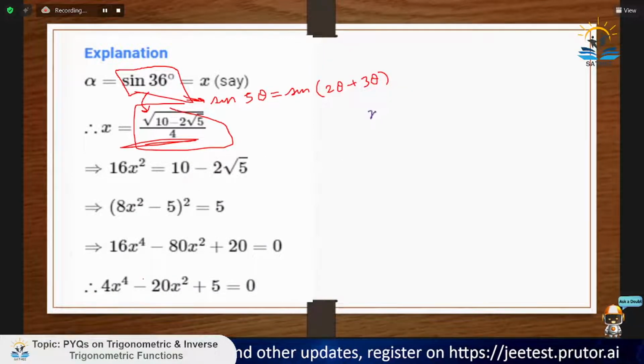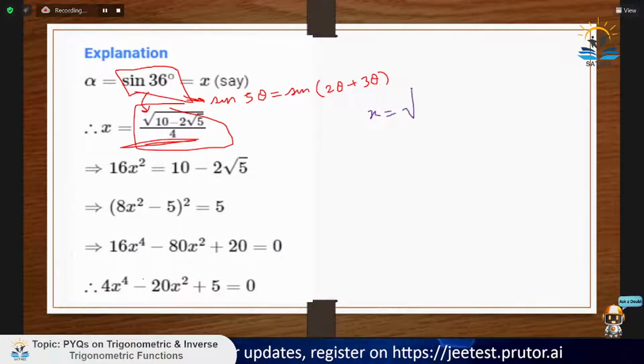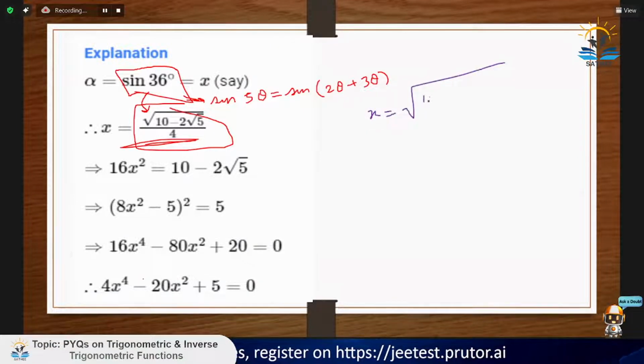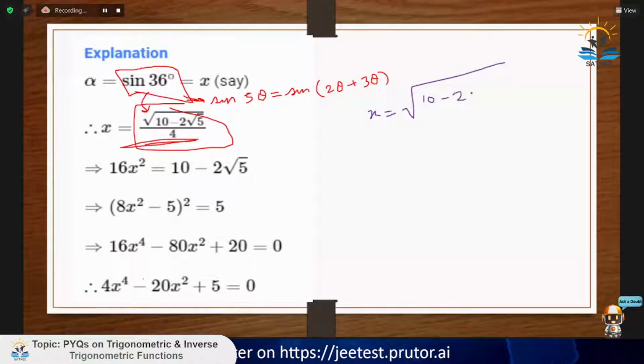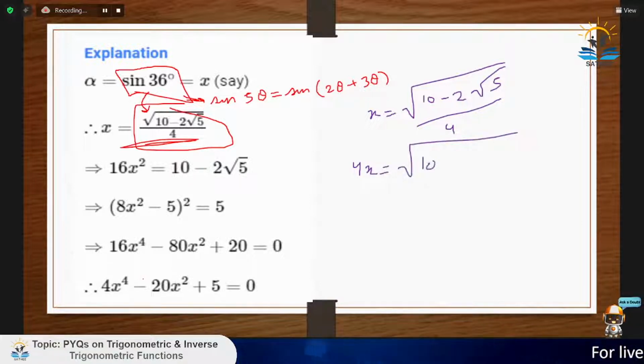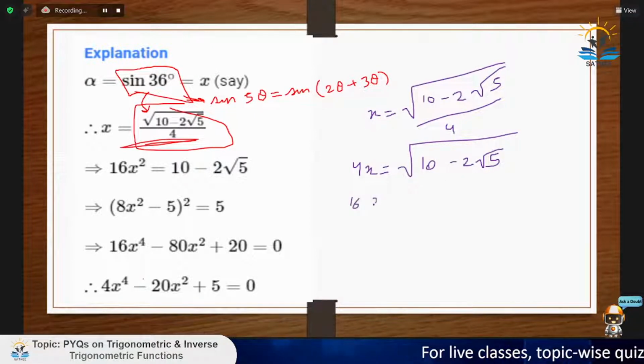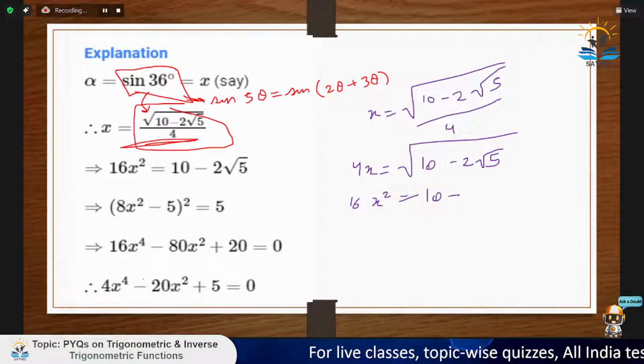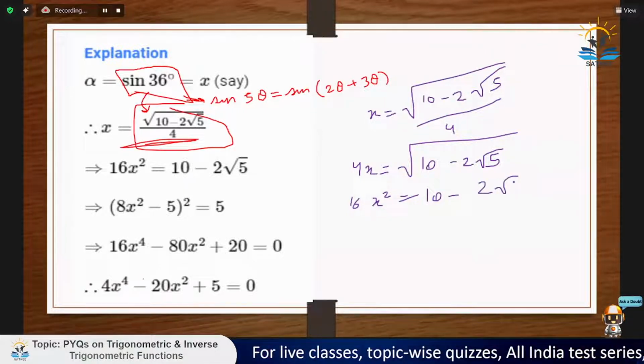So x is coming out to be equal to root of 10 minus 2 root 5 by 4, ये आपको याद होना चाहिए because this is an important expression. ठीक है? So now take 4 that side, you will be getting 4x is equal to root of 10 minus 2 root 5 and then square both the sides, you will be getting 16x square equal to 10 minus 2 root 5.